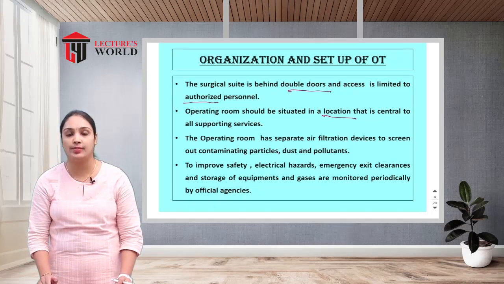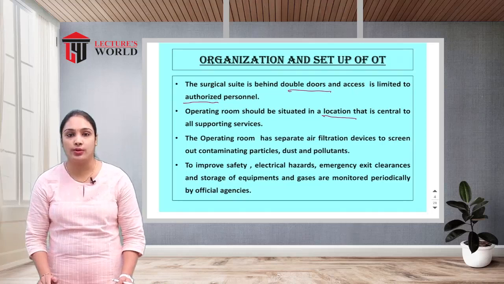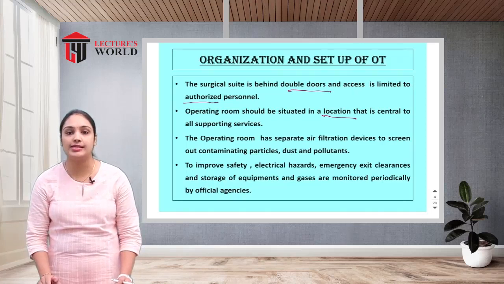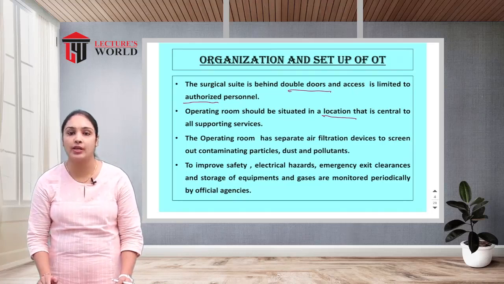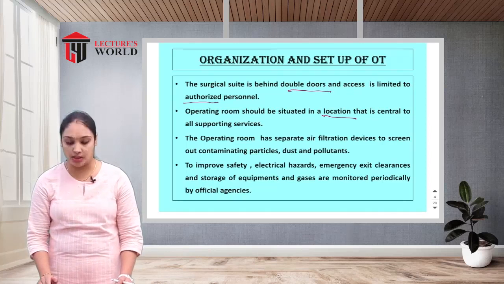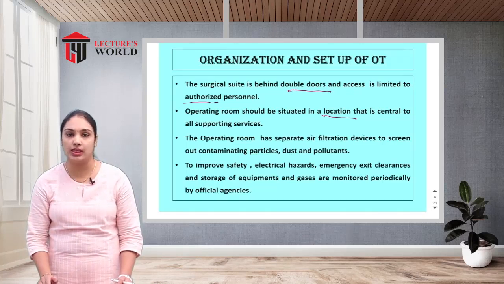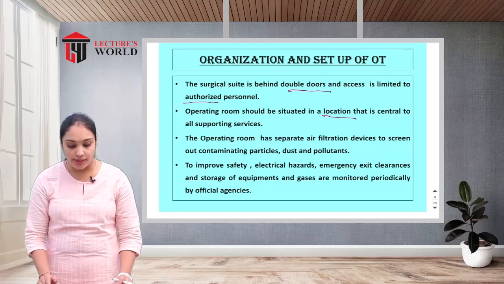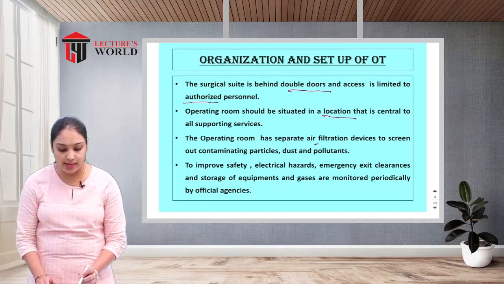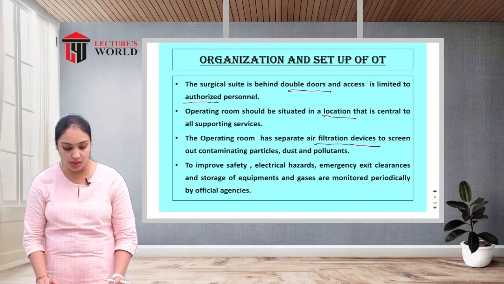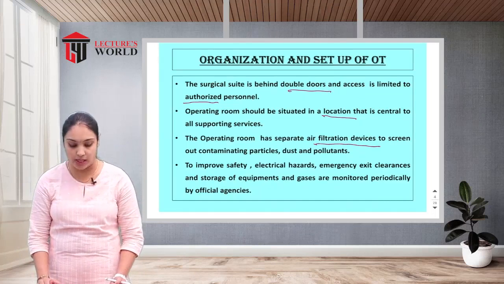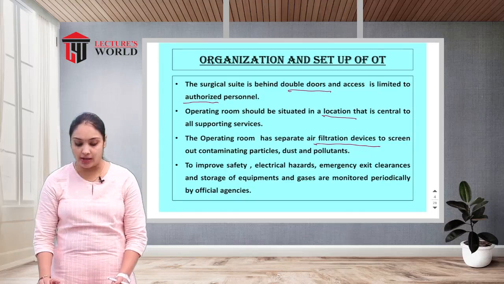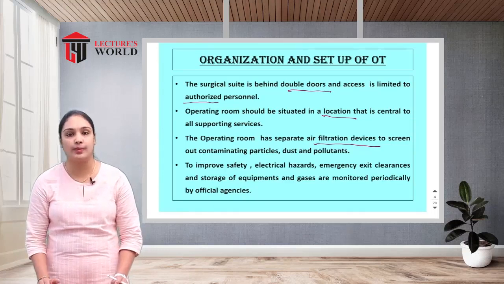So during an emergency condition in the surgical procedure, we can easily access all those departments. So in every hospital it should be centrally accessible. The operating room has separate air filtration devices to screen out contaminating particles, dust and pollutants. So air filtration devices should be present in all operation theatres.